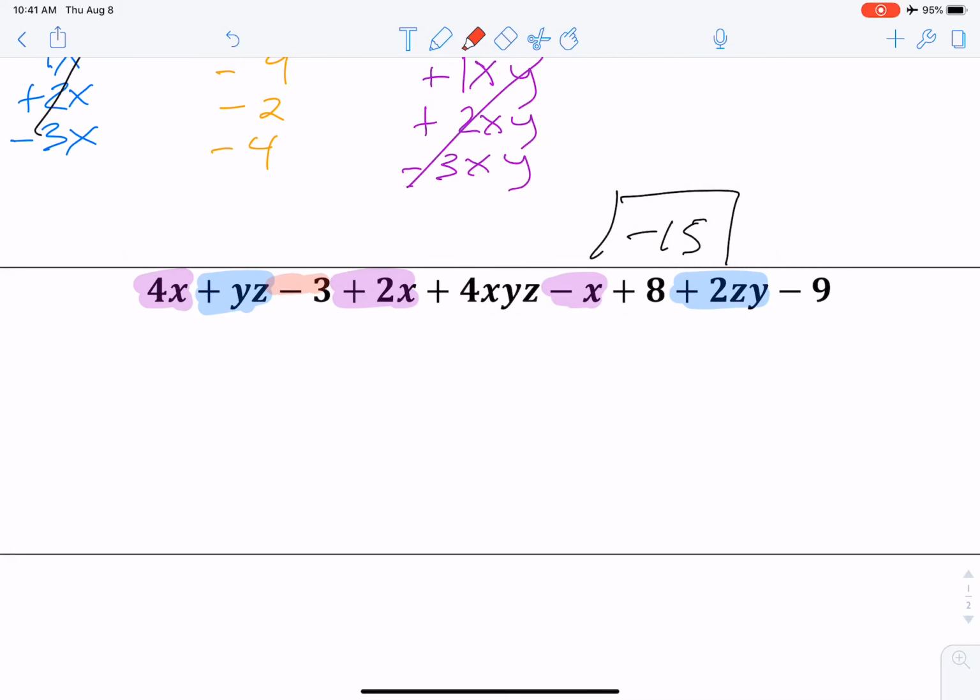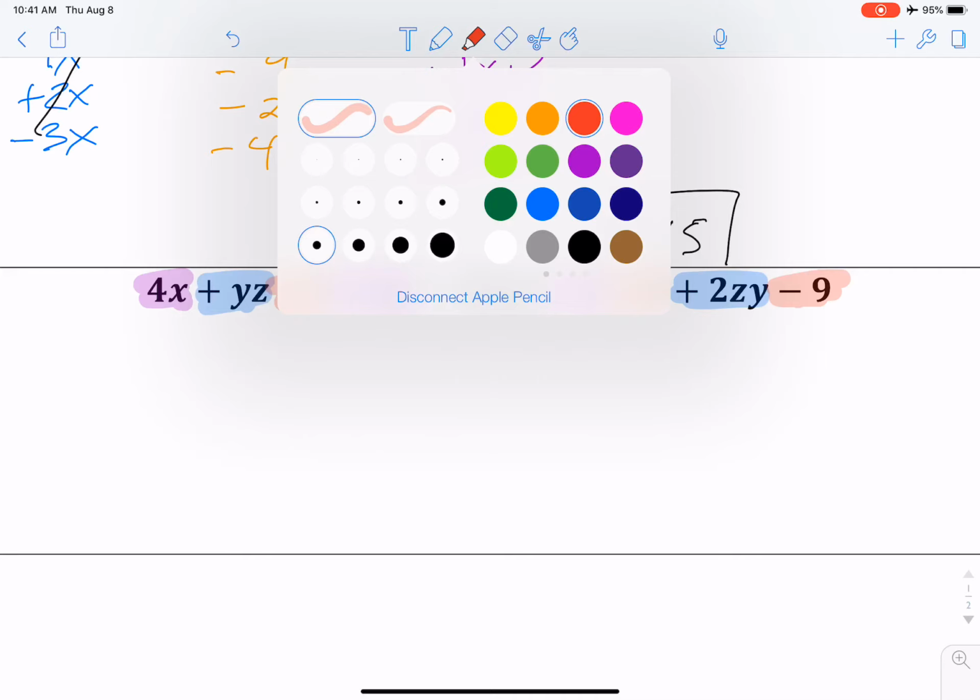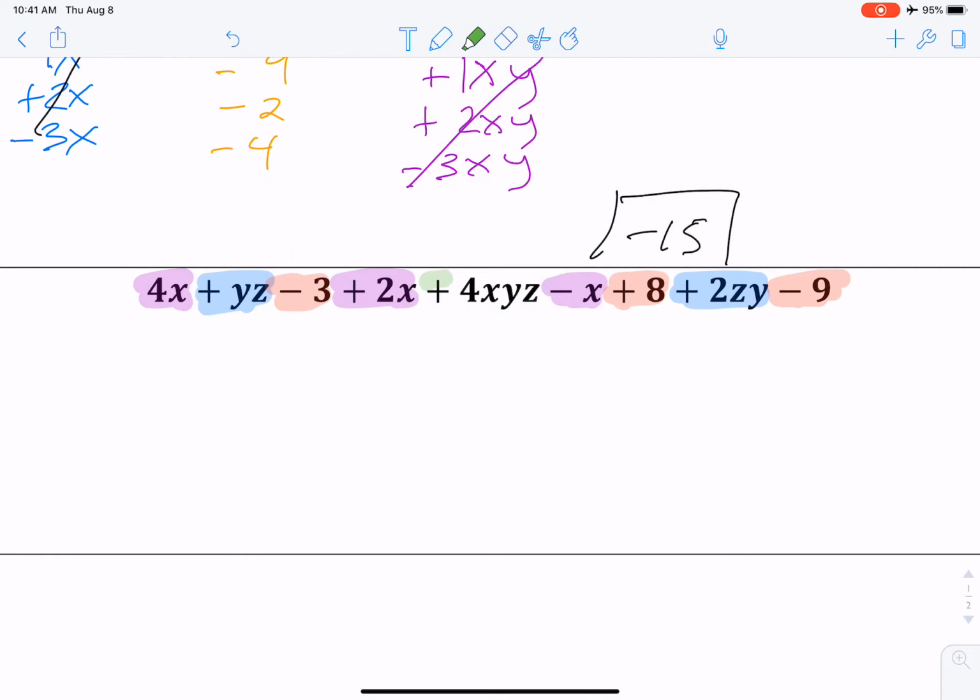Then I have a negative 3, a positive 8, and a negative 9. And then all we have left is this lonely 4xyz. So that one's not going to change. There's nothing to add or subtract it to, so that's going to be part of our answer at the end. So our first set is the x's. So I have 4x, positive 2x, and a negative 1x.